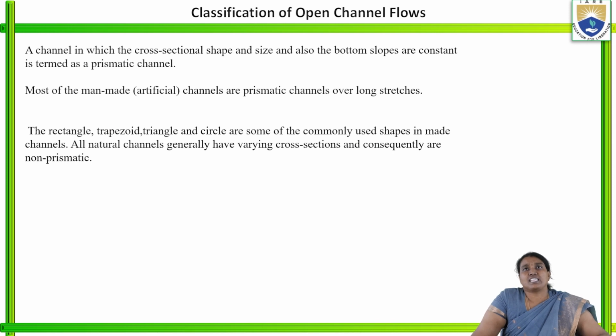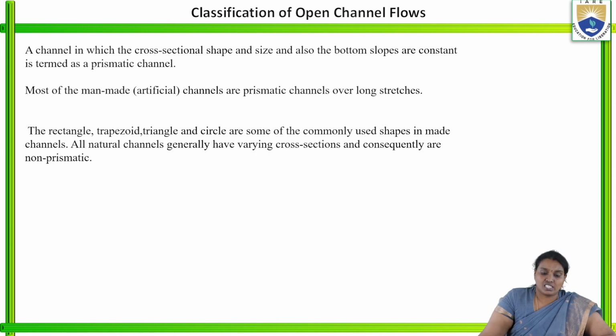Now, next one is the classification of open channel flow. We may classify in different ways. A channel in which the cross-sectional shape and size and also the bottom slope are constant is termed a prismatic channel.